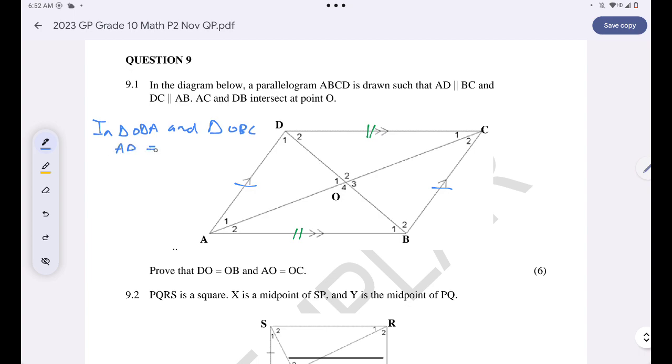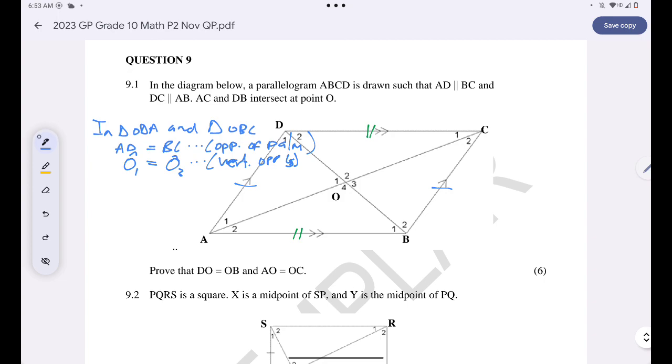AD is equal to BC. These are opposite sides of a parallelogram, ne, guys? I also know that O1 is the same as O3. These are vertically opposite angles. Are you together?